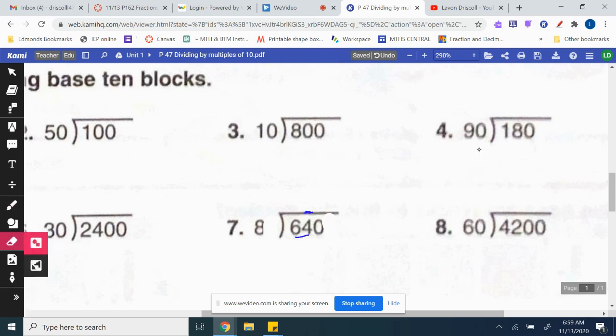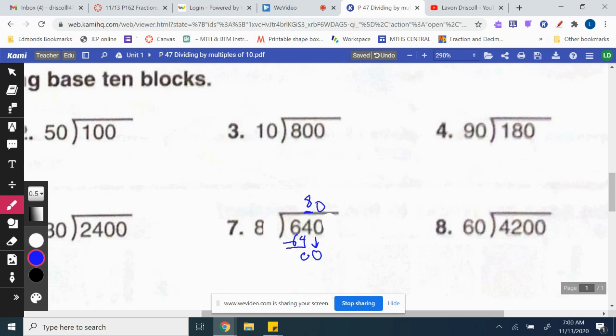And I'm looking at 64, so my number has to go right here. 8 times 8 is 64. I subtract, I get nothing. So now I bring down that 0. And I get 0. But I really messed up for you.